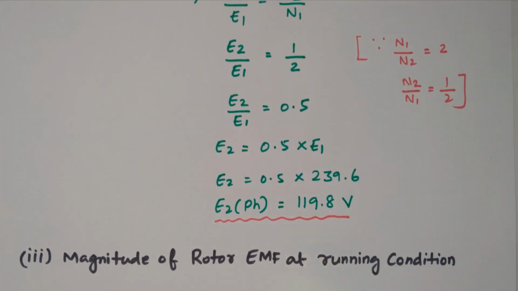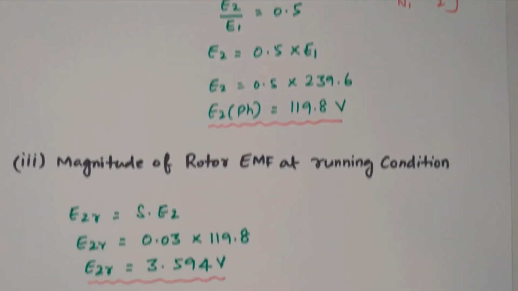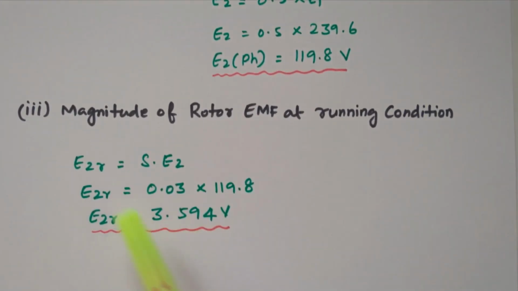Now we will find the magnitude of rotor EMF at the running condition. That one was the standstill condition, now we will go for the running condition. The running condition is very simple: E2R equal to S into E2. The E2 refers to standstill, and E2R refers to the running condition. During running condition, we need to take into account the slip of the induction motor, because the speed decreases, and that is expressed in terms of slip.